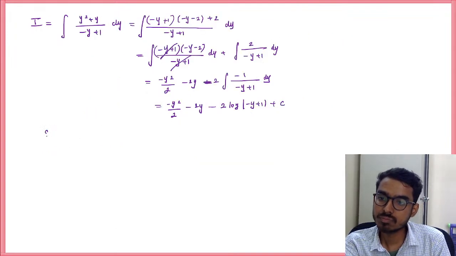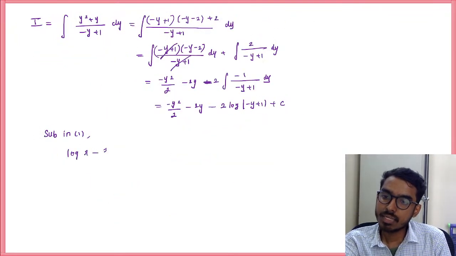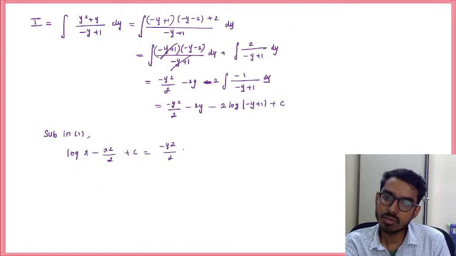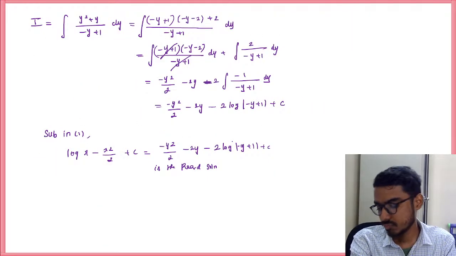Substitute in 1. So log x minus x squared by 2 plus c is equal to minus y square by 2 minus 2y minus 2 times log of modulus y plus 1, the required solution. Is it clear?